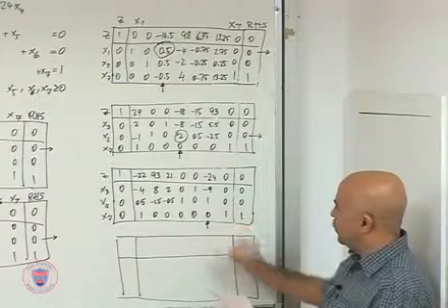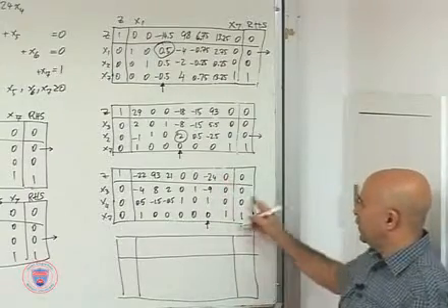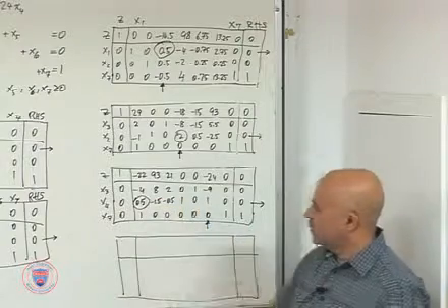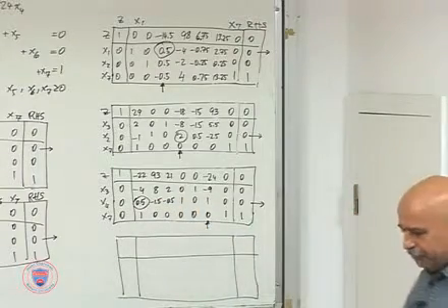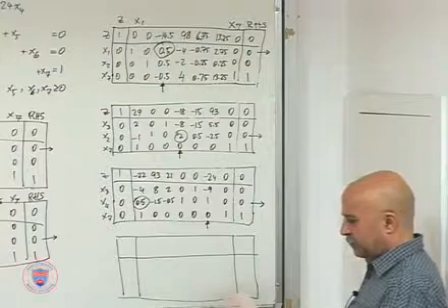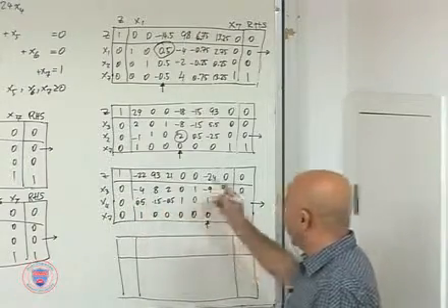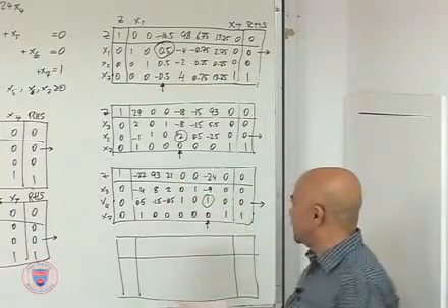So this is the most negative one, and this one exits. Sorry, not that one. Sorry, I'm looking at the wrong column. This one exits, right?